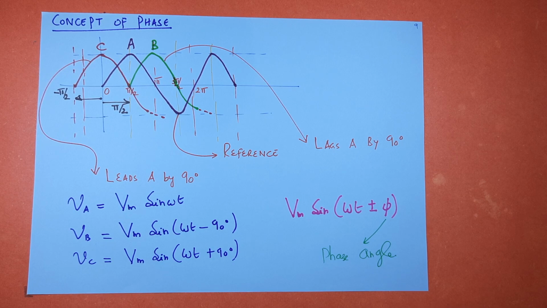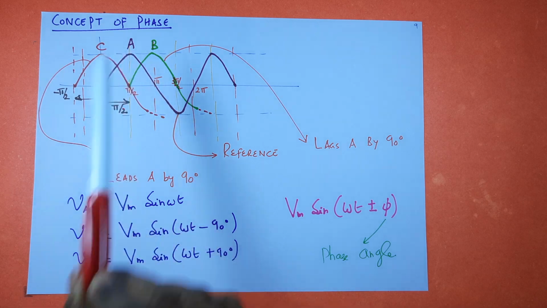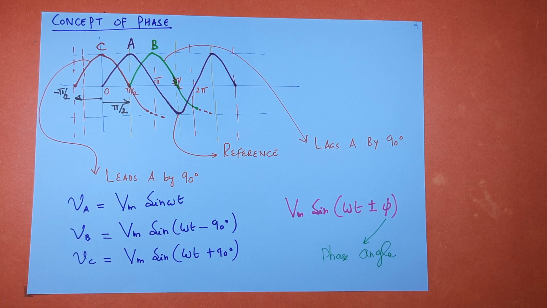This you can represent mathematically like this. Suppose A is your reference waveform, VA equals Vm sin omega t. VB, it is lagging, means Vm sin of omega t minus 90 degrees. VC, it is leading, equals Vm sin of omega t plus 90 degrees.